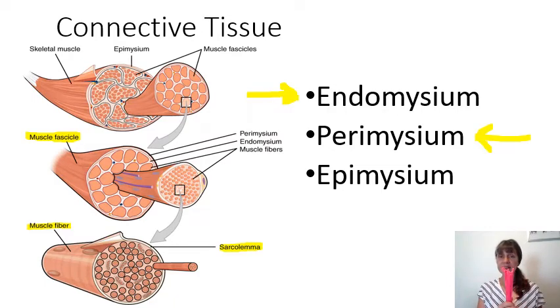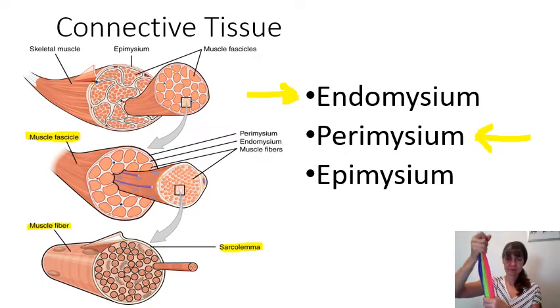And then lastly, in order to make a muscle, we need groups of fascicles bundled together to make a skeletal muscle. Imagine this is biceps brachii.